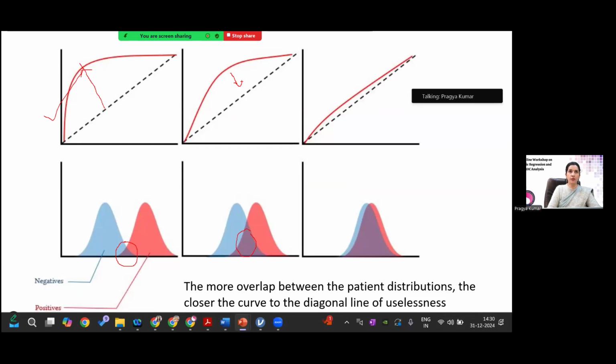So the more the overlap, the distance between this graph and the diagonal line keeps on decreasing. That shows this diagnostic test has the poorest discrimination power, because here you can see it's all overlap. So you cannot differentiate the healthy and the diseased population based on this particular test.